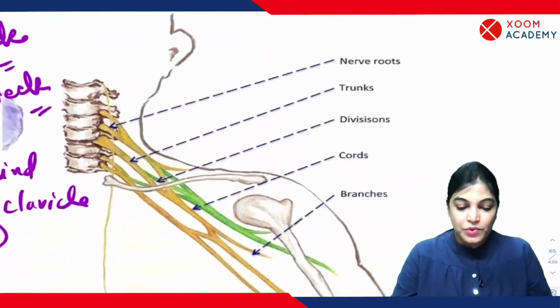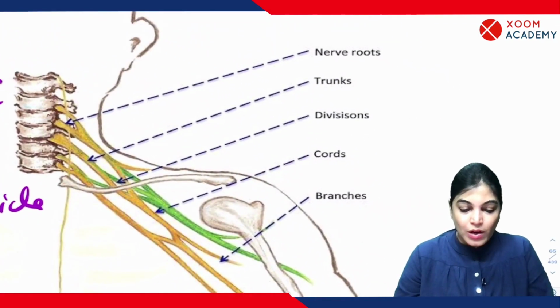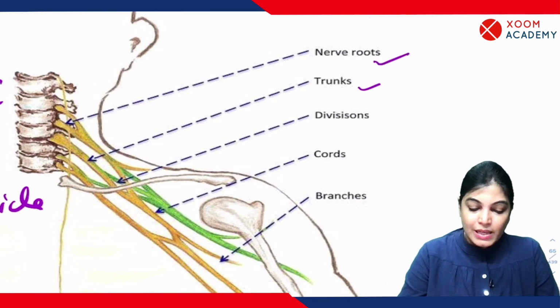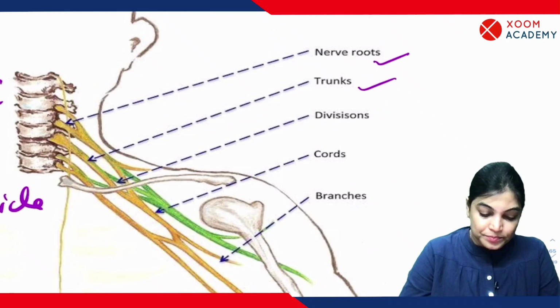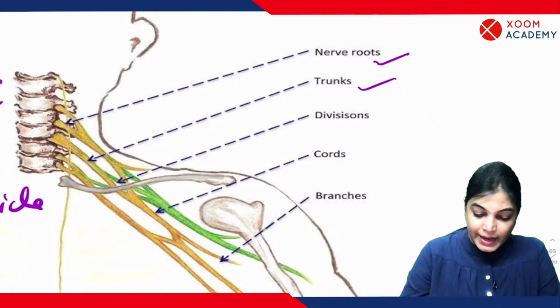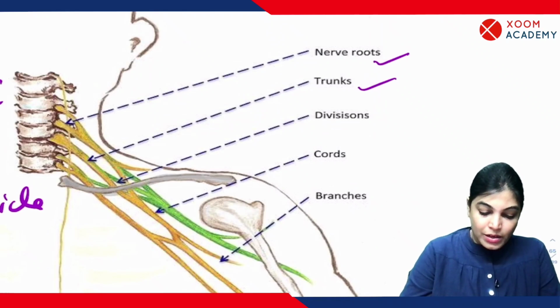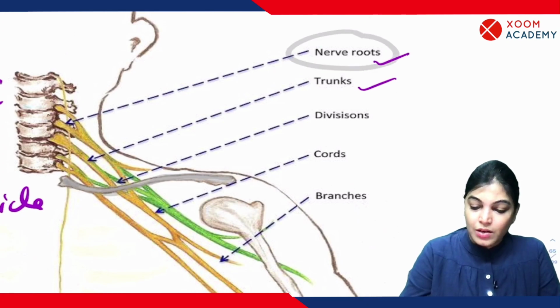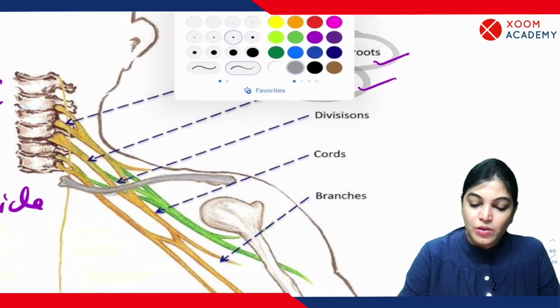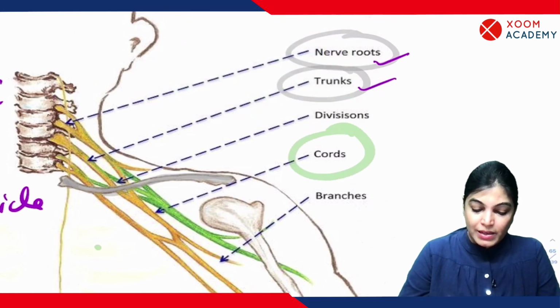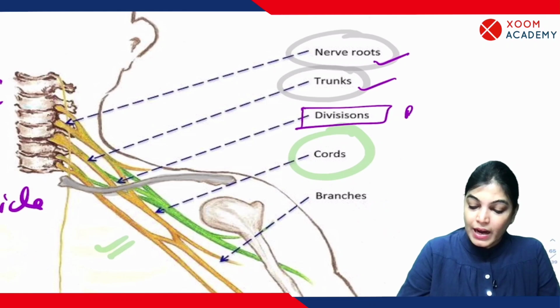So yes, if you see this enlarged image, what you can see, the nerve roots and the trunks are located above the level of, so see here, this is the clavicle which I am highlighting, the collarbone. So you can see here both the nerve roots and the trunks are lying above the clavicle, but the location of cords of brachial plexus is below, and the location of division is exactly behind the clavicle.